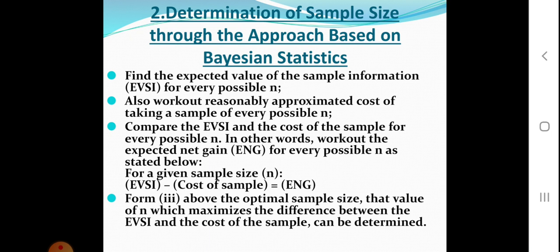In other words, work out the expected net gain for every possible n as stated below. For a given sample size, EVSI minus cost of sample equals expected net gain. Lastly, from the third step above, the optimal sample size, that value of n which maximizes the difference between the EVSI and the cost of sample, can be determined.